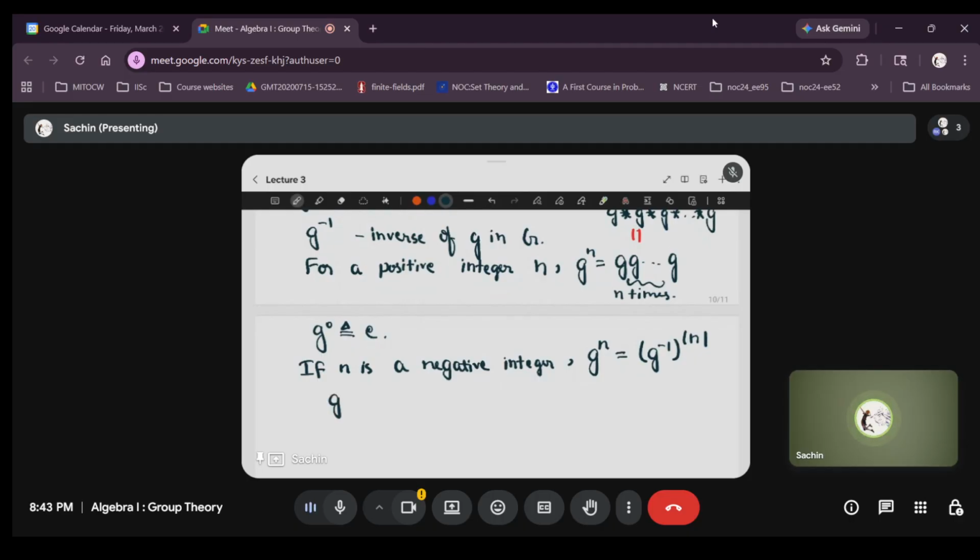For example, g power minus 2 actually means g inverse power 2, so this is g inverse times g inverse.